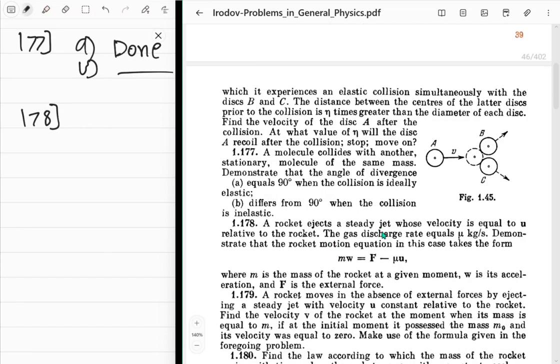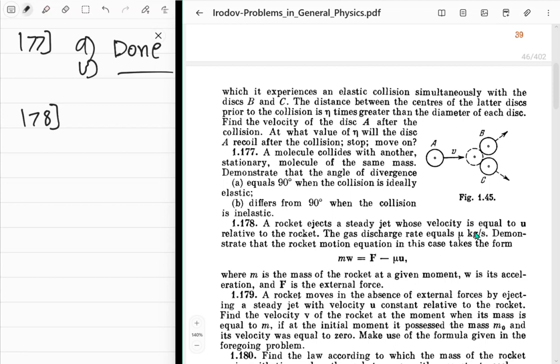178. A rocket ejects a steady jet whose velocity is equal to u relative to the rocket. Wait, what? Oh, that's weird. The gas discharge rate equals mu kg per second. Why are you putting SI?